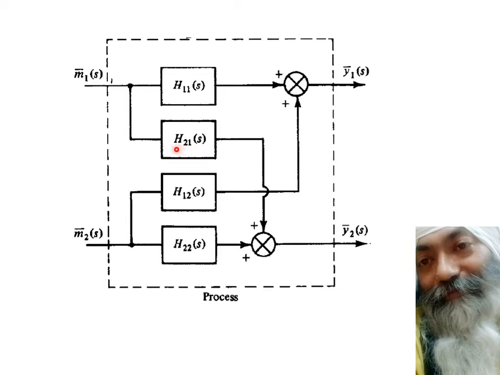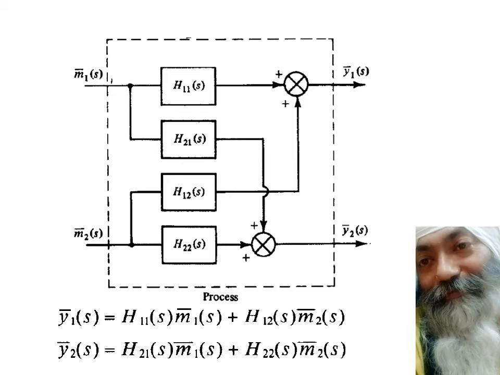Therefore this is designated as H21. And similarly, this manipulated variable M2 is also affecting Y1, and therefore the relationship between Y1 and M2 is given by H12. It's output upon input. Output is Y1, input is M2, and therefore the block defining this relationship is named H12.